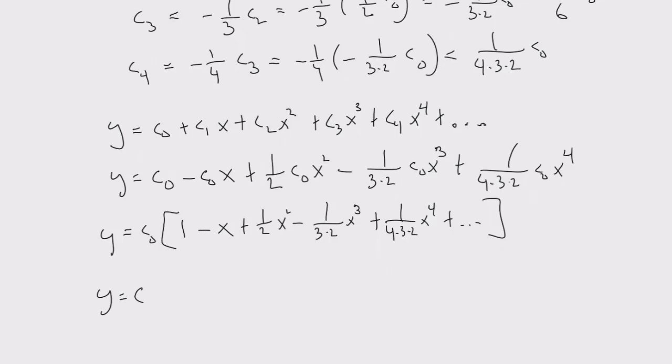Because now I've got a very clearly defined pattern. So going back into our summation form here, I can start at 0, go up to infinity. I have an alternating term, alternating between positive, negative, positive, negative. So that's either negative 1 to the k or negative 1 to the k plus 1.